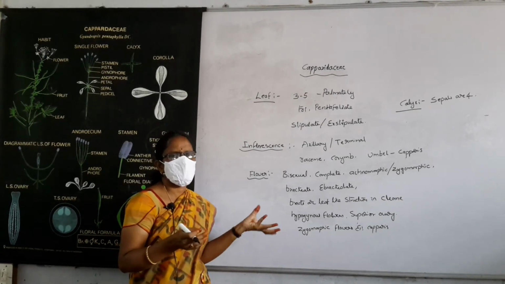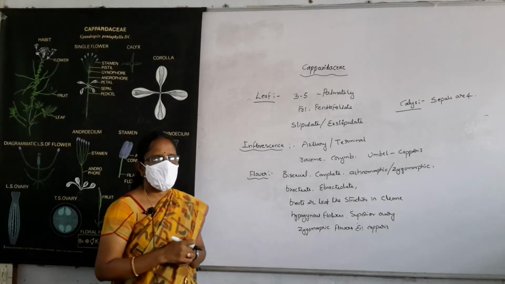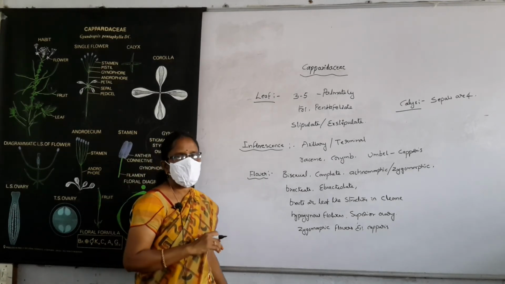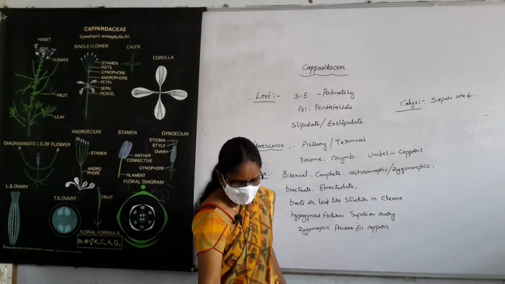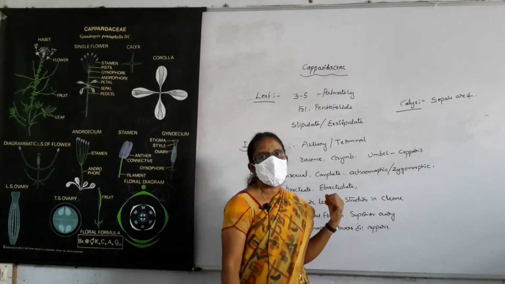The calyx consists of four sepals, polysepalous and valvate.